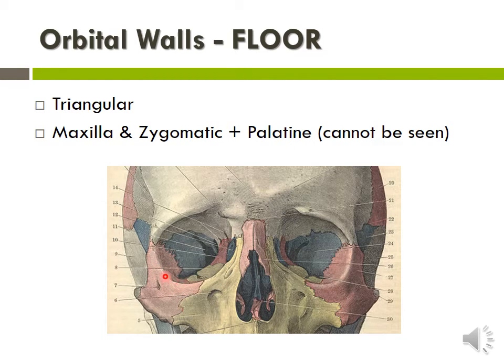The floor is starting from here to here. Zygomatic, maxilla, and palatine. Palatine is a small bone here which we cannot see. So for the floor, we are not discussing so many points. One, it has a triangular shape, and it is made up of three bones: maxilla, zygomatic, and palatine.